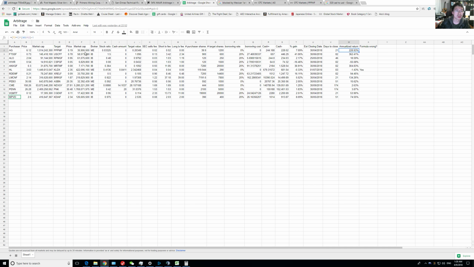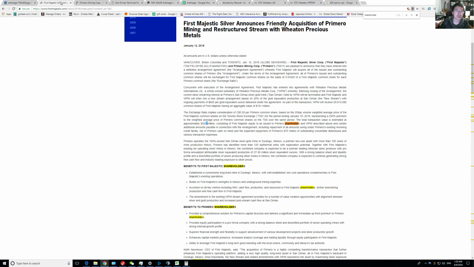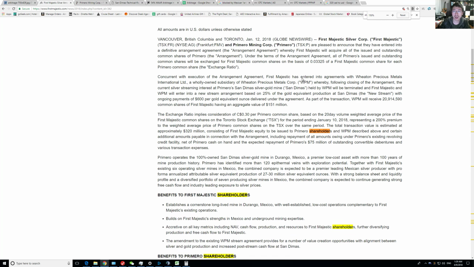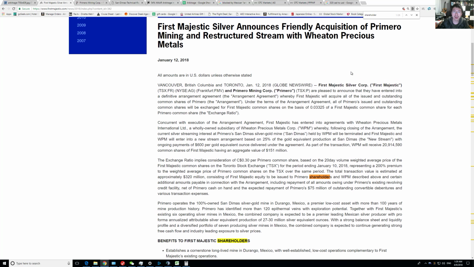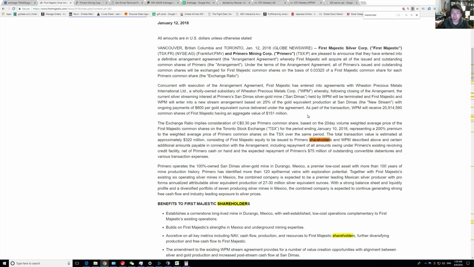Okay. So the important thing is how we find out the stock ratio. On First Logistics Silver's website, you can see in here, this says they will buy... I think it's for every share of Primero Mining, you get 0.03325 share of First Logistics.